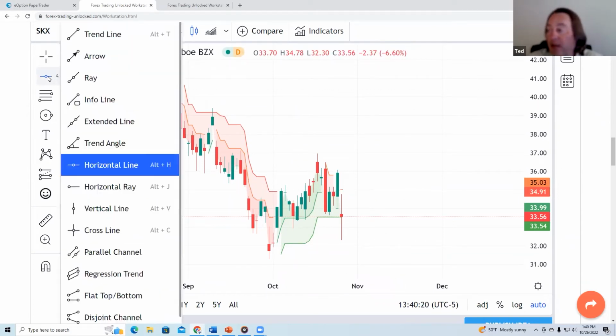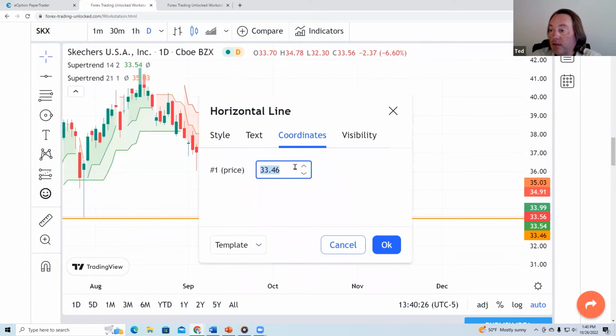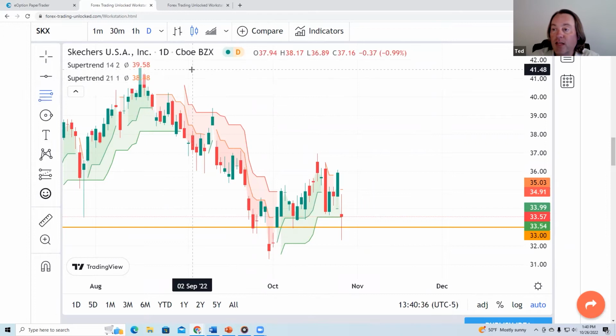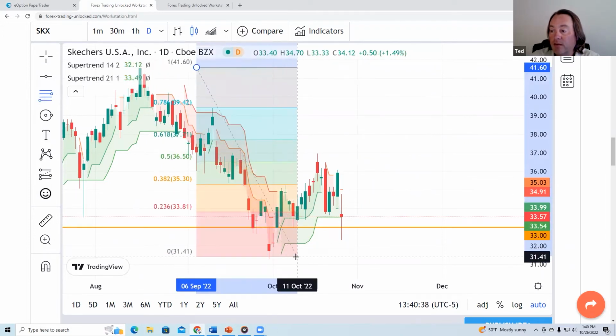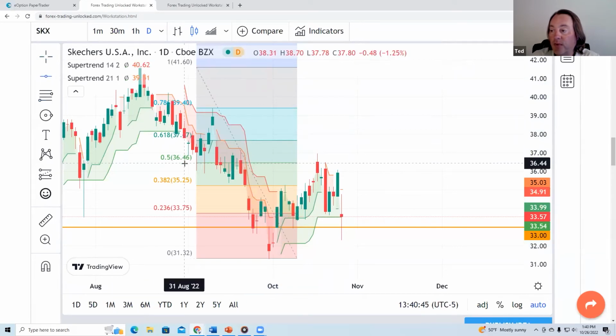Skechers here, we have our 33 level strike price. All right, so let's see what the pricing and the trades are going to be like. Let's say we use, once again, good old Fibonacci. We already had a correction up to 50%, just beyond it.